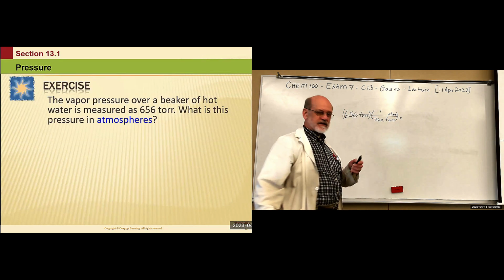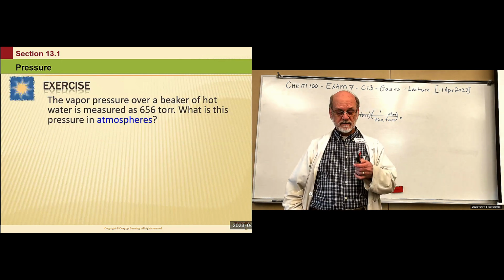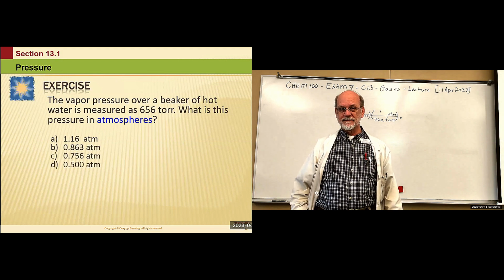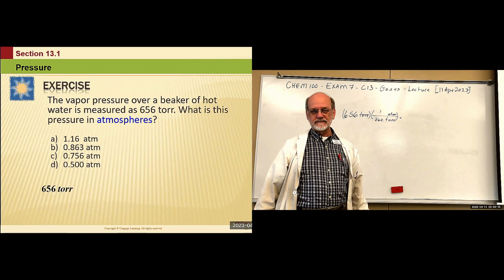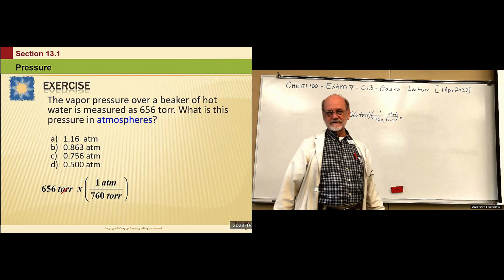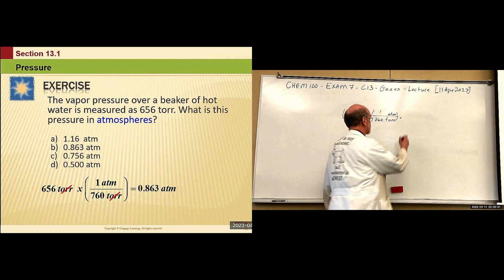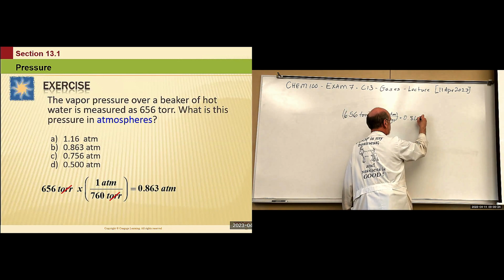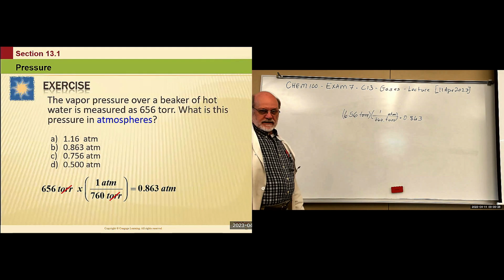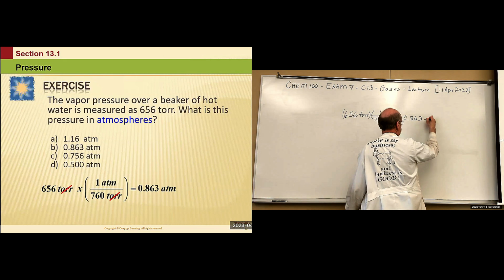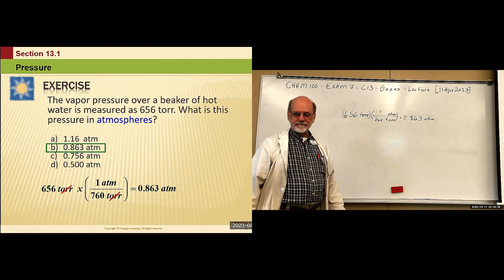So 760 divided into 656 is what? It's going to be less than 1. How much less than 1? 0.863 atmosphere. Oh, forgot my units, didn't I? There we go. All right.